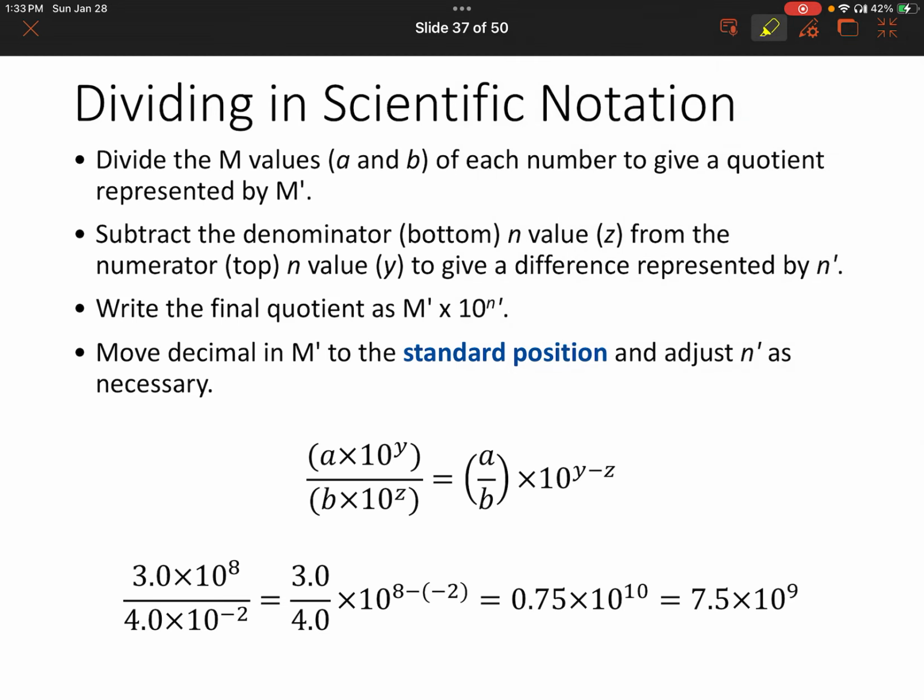So very, very similar. But let's see. So a and b are coefficients. We're going to divide a by b. And then our exponents, y and z, we're going to subtract z from y.